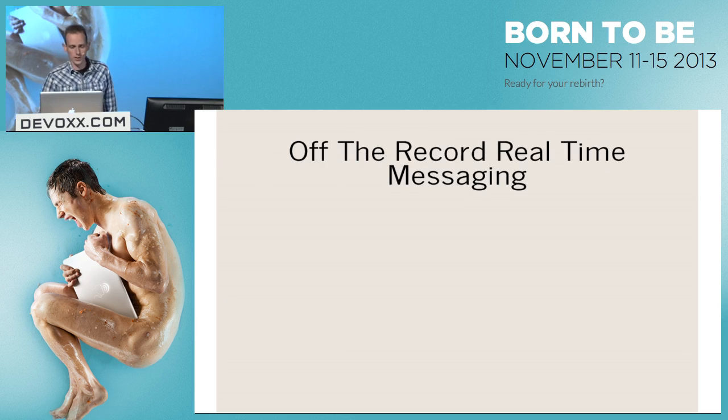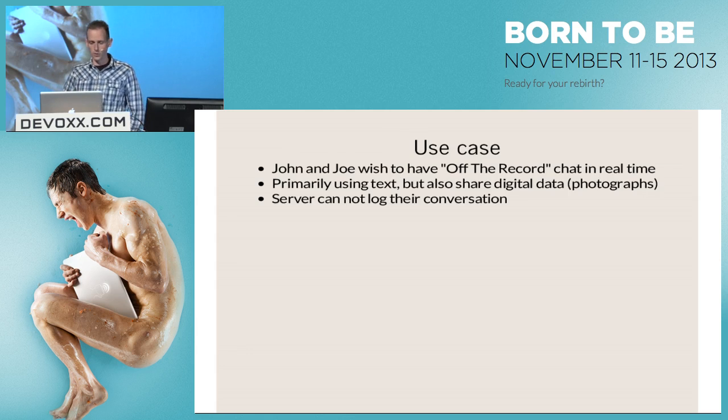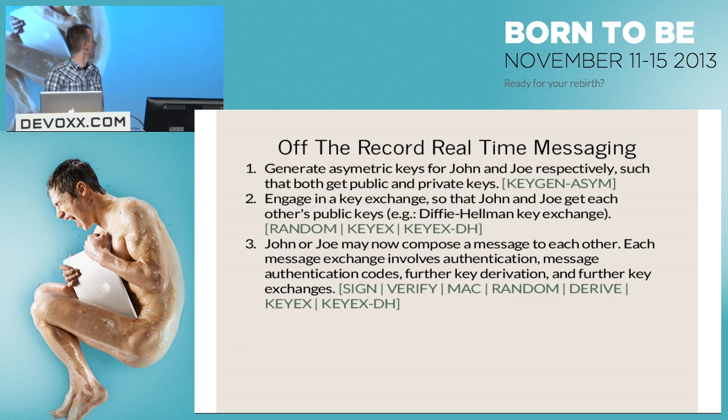Another use case is off-the-record real-time messaging. So, for example, John and Joe want to communicate with each other, but they want to make sure that nobody can read their messages. It can be text or even data, photos, videos. So they want to use encryption. So how does this work?